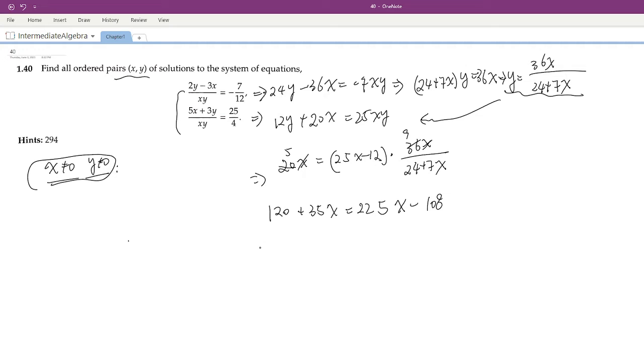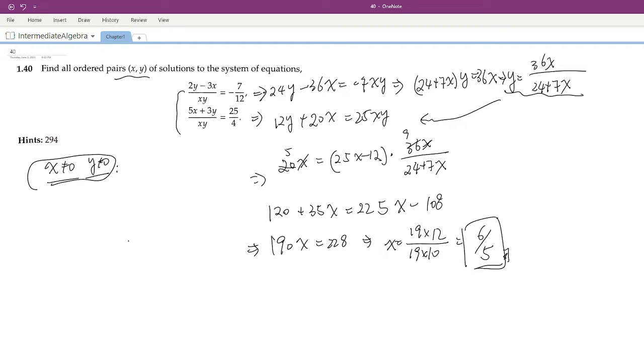So now let's further solve it: 90x is equal to 228. Then we can solve x is equal to 190 is 19 times 10, 19 times 12, so it's 6 over 5.